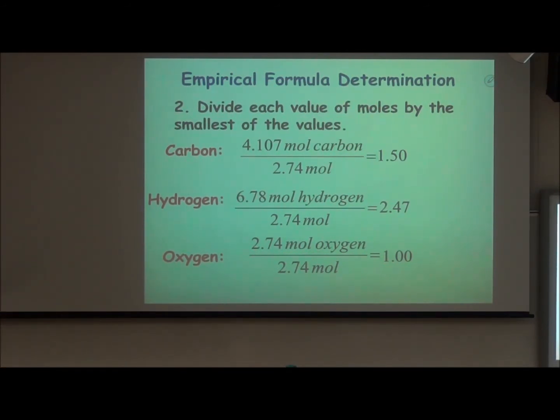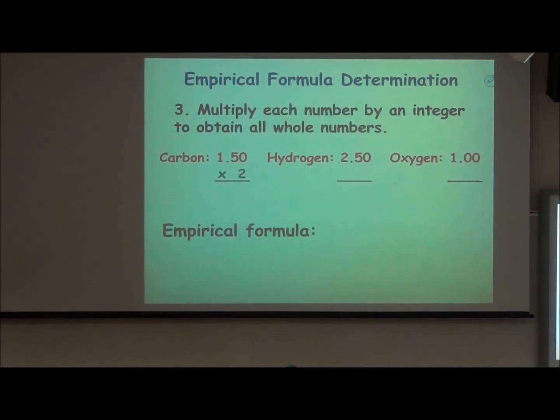So the only fractions we're dealing with here are halves. So we're going to multiply everything by 2. So we take our carbon times 2, that gives us 3. And our hydrogen, 2.5 times 2 gives us 5. And 1 times 2 obviously gives us 2.